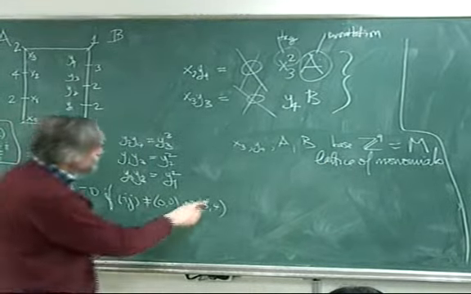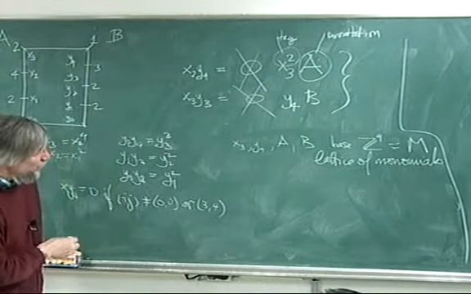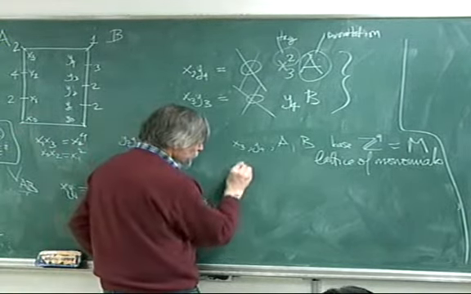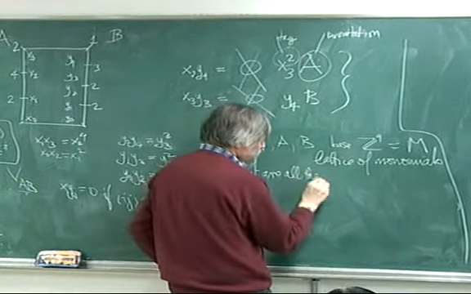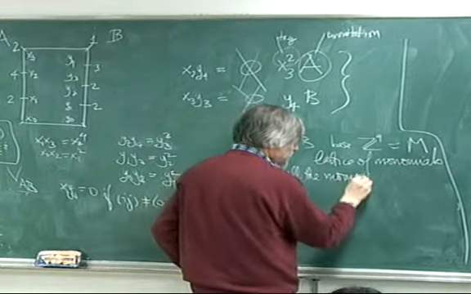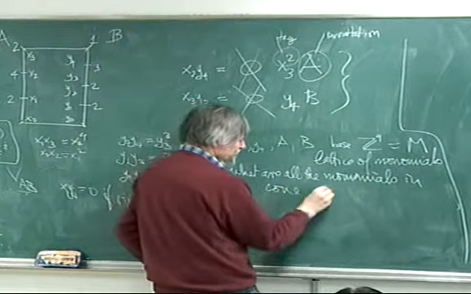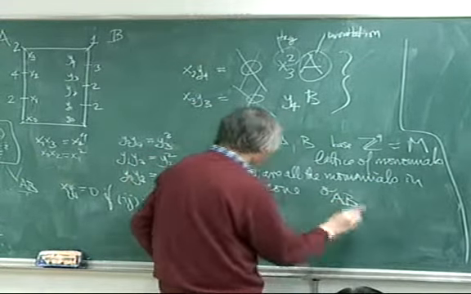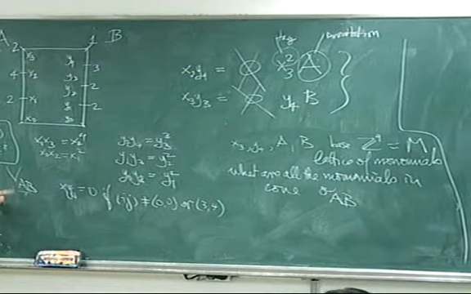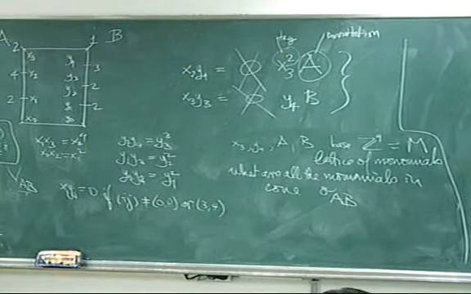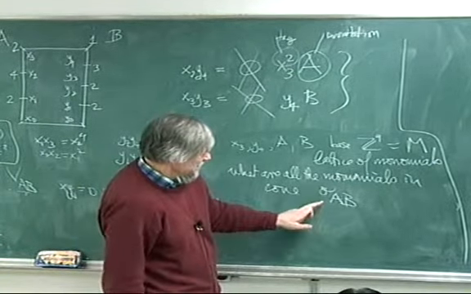Now I want to know what are all the monomials in the cone sigma AB. Right, so this VAB here will be the spec of the ring, which is the semigroup ring of sigma AB.